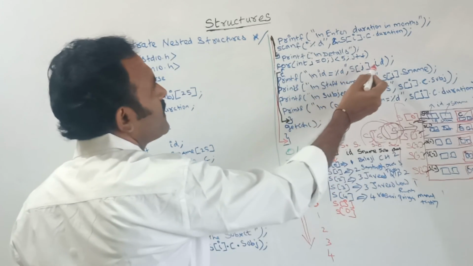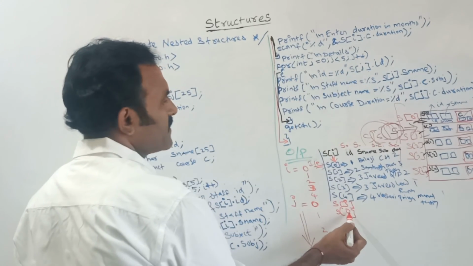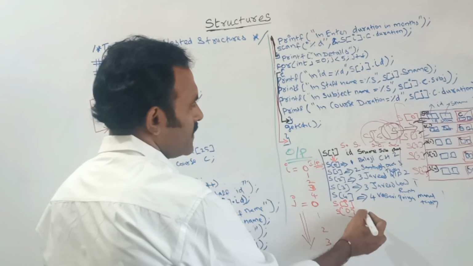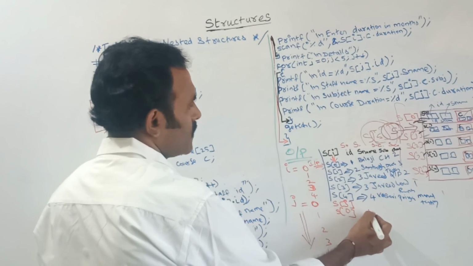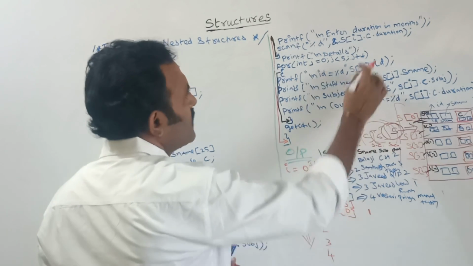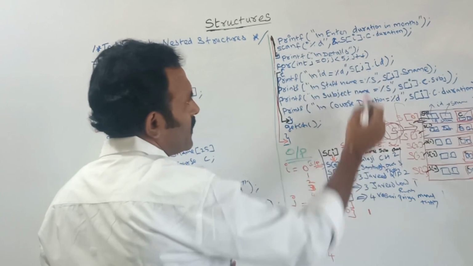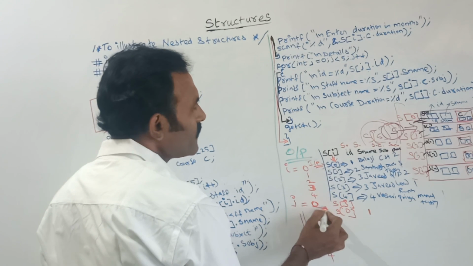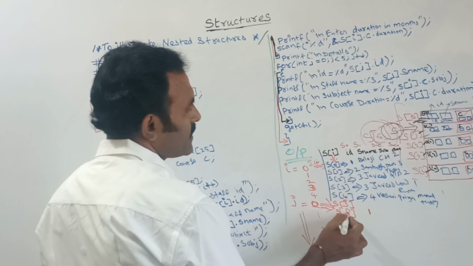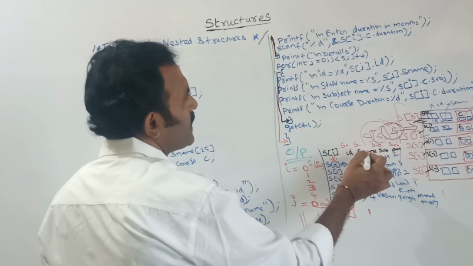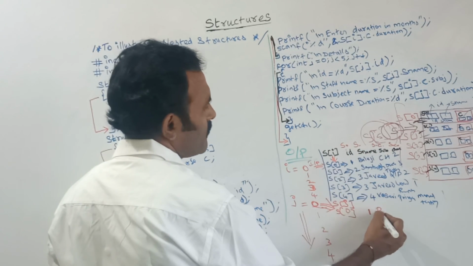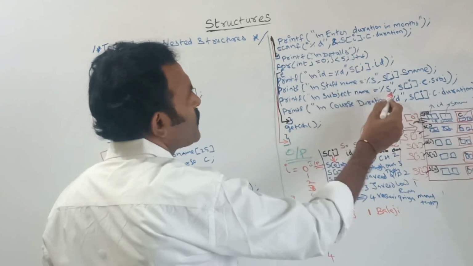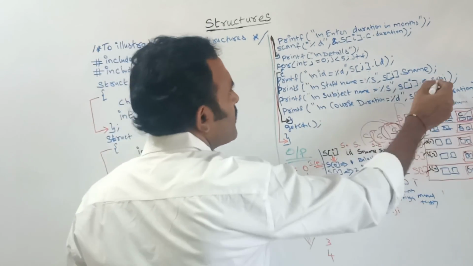Here s of j dot id, that is s of jth value is 0, so s of 0 dot id. What is that id? That id is 1. Next s of j dot s name, j value is now 0. So s of 0th dot s name, what is the value here? Balaji.